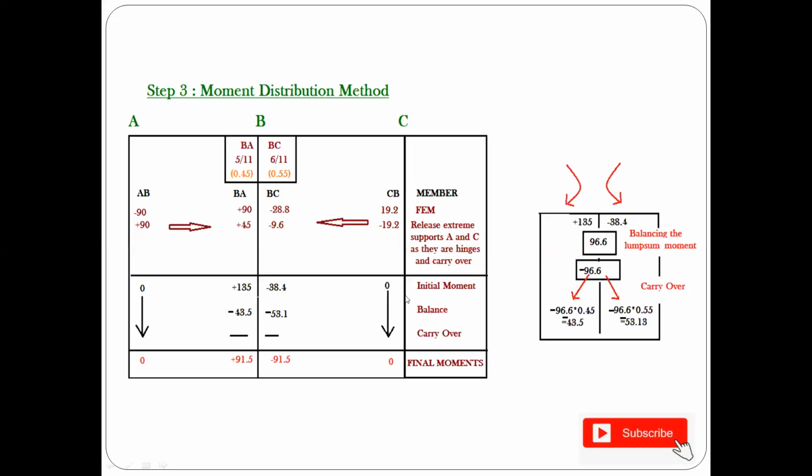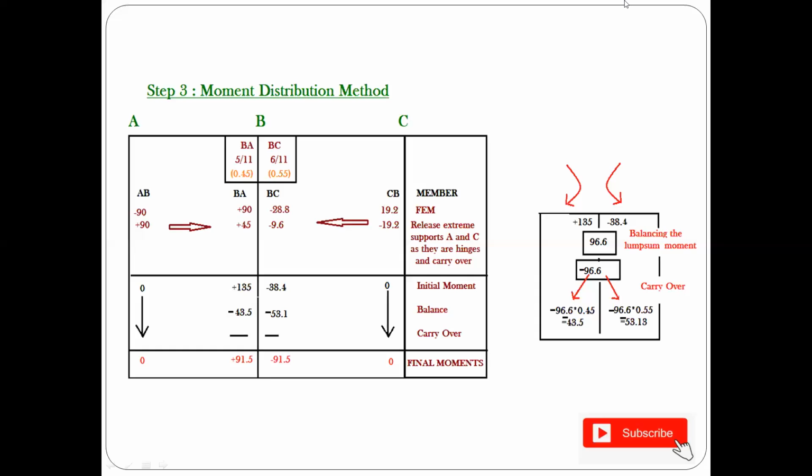Now, once you write your initial moments, here we are starting our moment distribution method. So just see, friends, in BA you are having 135 and in your joint BC you are having minus 38.4. So obviously, we know that in this case there are some disturbances.